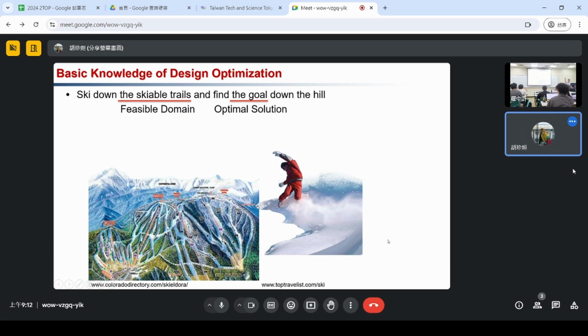Anyone from Hokkaido or so? If you have skied in the past, sometimes you are at the very top of the mountain, and then maybe the day is foggy, which means you don't really see very clearly what's going on at the bottom of the mountain. So I imagine solving optimization is like that.